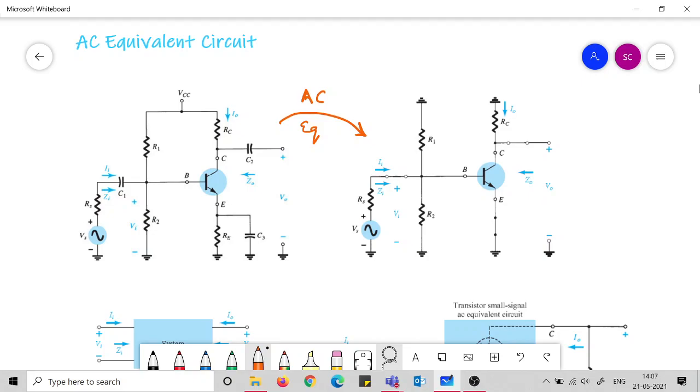The DC does not flow back to the AC, and when we are dealing with the AC, that AC simply acts on top of the Q point that we have established in this circuit due to the DC. So when we look into the AC behavior, we can simply ignore the DC for the time being.